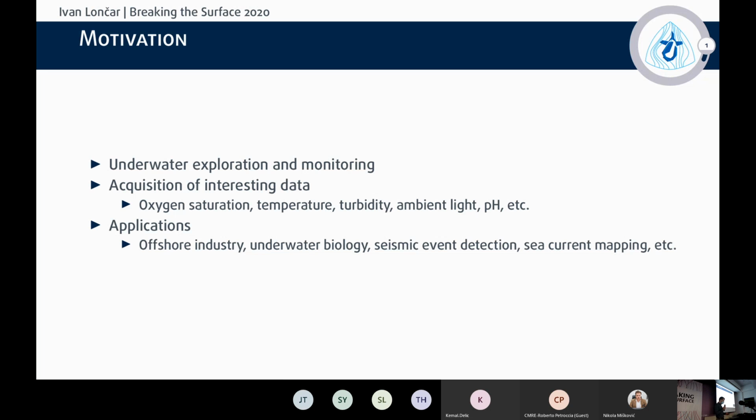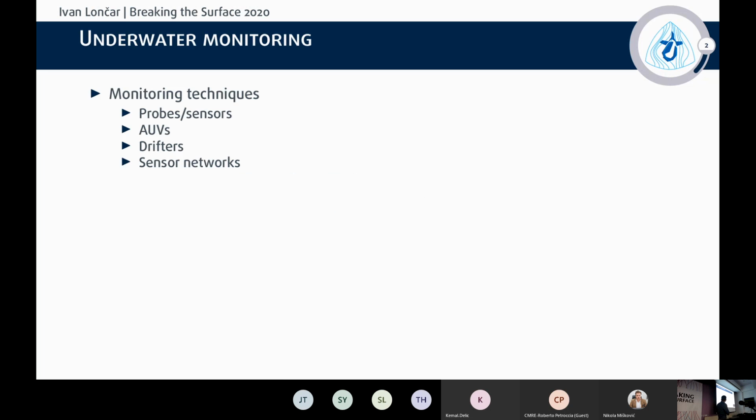It has many applications, like in offshore industry, underwater biology, underwater monitoring, seismic event detection, and some others. And we want to tackle the problems of underwater monitoring, and there are several techniques that can be used.